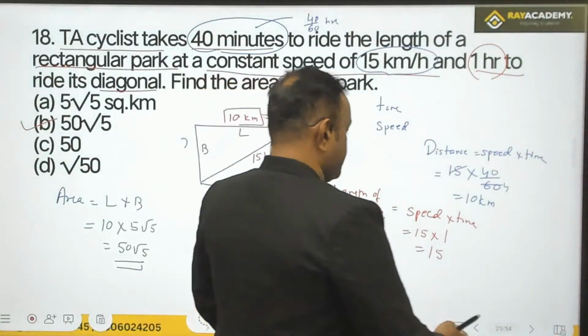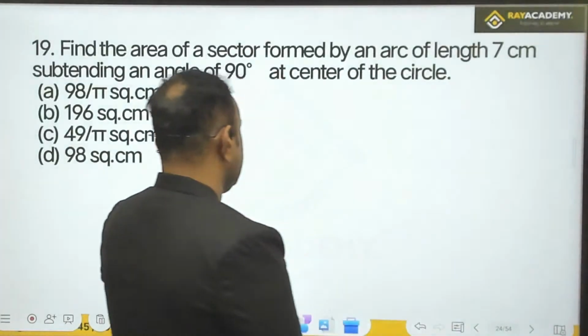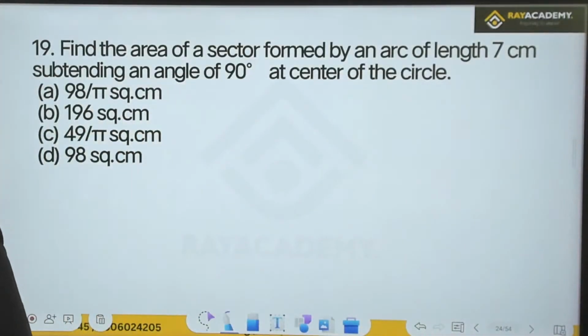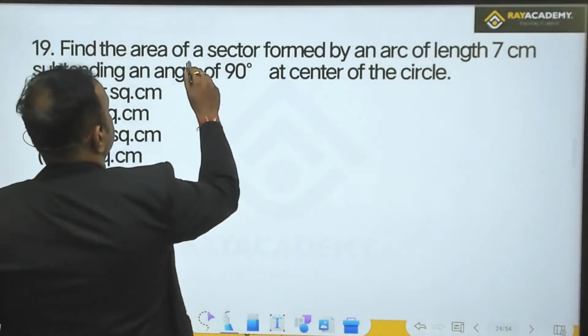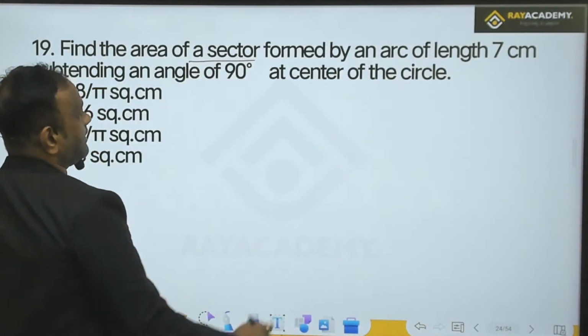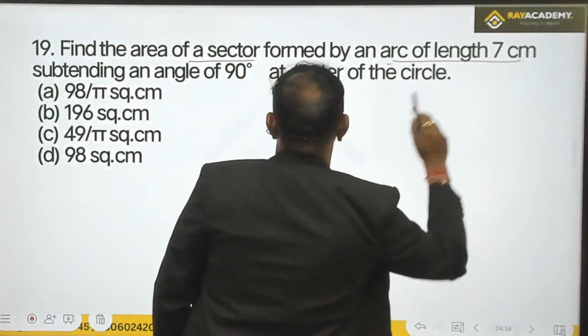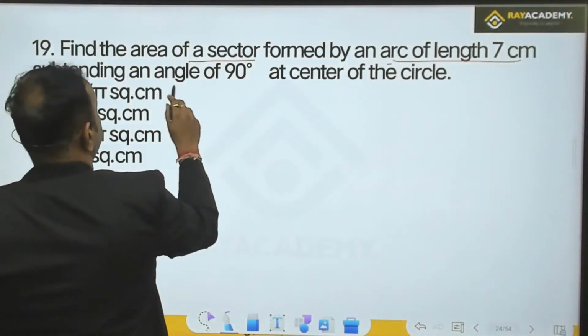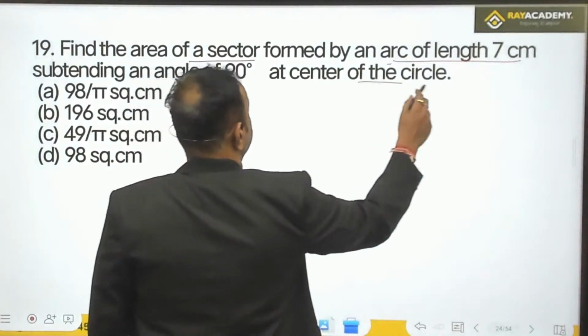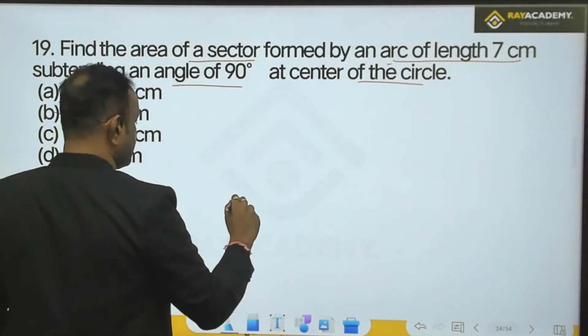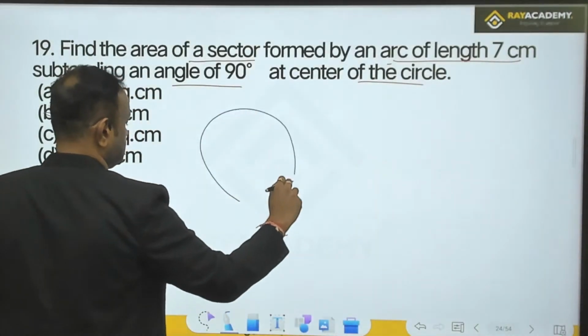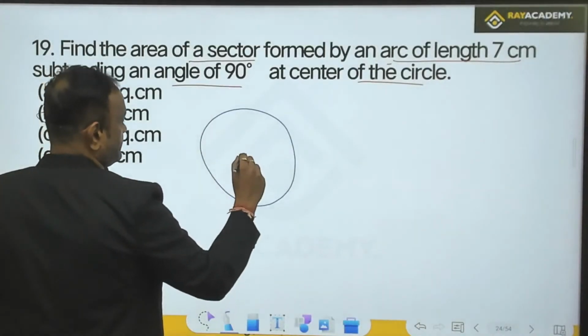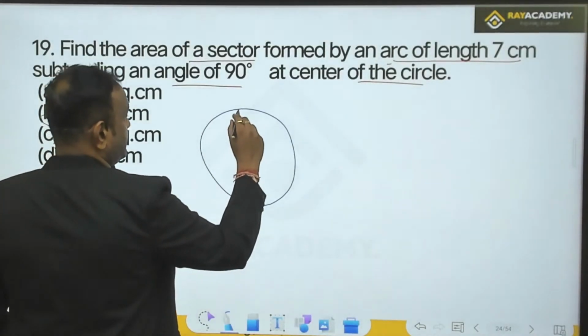Okay, so let's move to the next question. 19. Find the area of a sector formed by an arc of length 7 centimeter subtending an angle of 90 degree at the center of the circle. So if you draw the circle, this is the center. Sector means 90 degree portion.